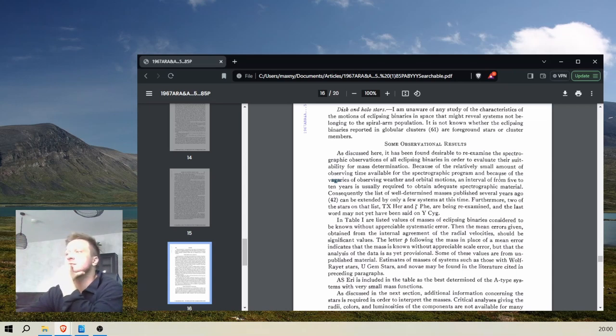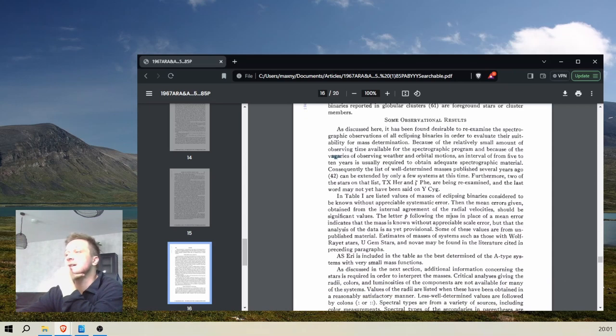Consequently, the list of well-determined masses published several years ago can be extended by only a few systems at this time. Furthermore, 2 of the stars on that list are being re-examined, and the last word may not have been said on them.